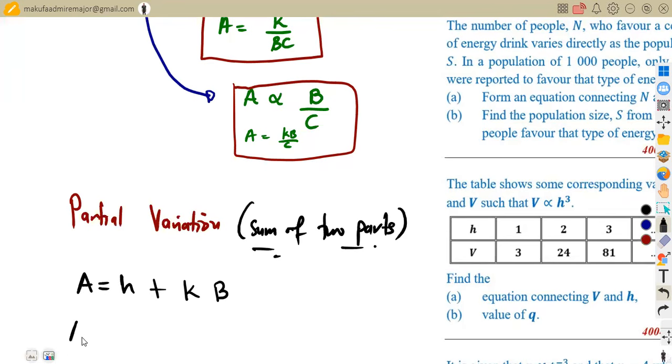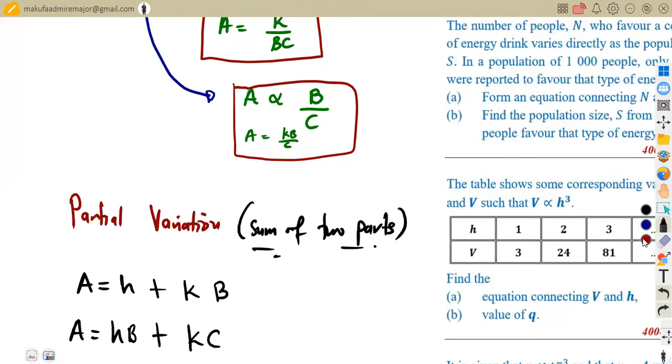If we write it this way, A is equal to HB plus KC, like this. A varies partly as B because we've got a constant and its variable. So it's partly as B and partly as C, a constant with C. In this case, A is partly constant. We just have a constant without a variable.